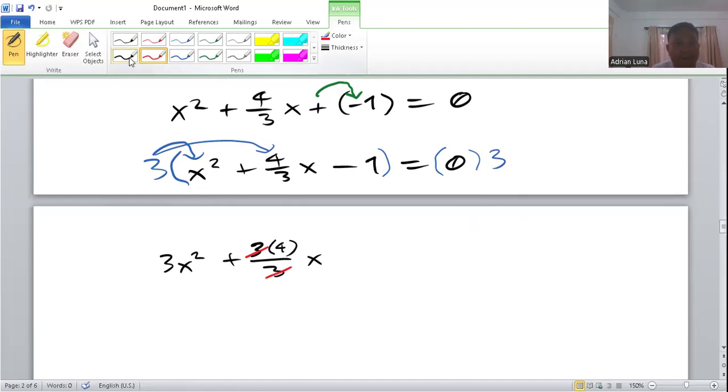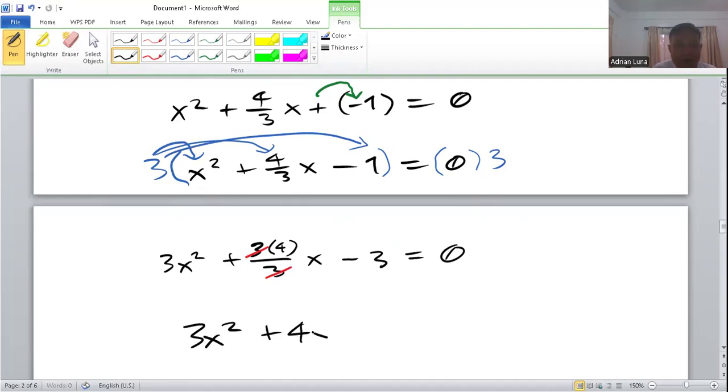Then, ito naman si 3 times negative 1. So magiging negative 3. Yung kabila, 0 times 3 is still 0. So let's rewrite para mas malinaw. 3x squared plus 4x minus 3 is equals to 0.